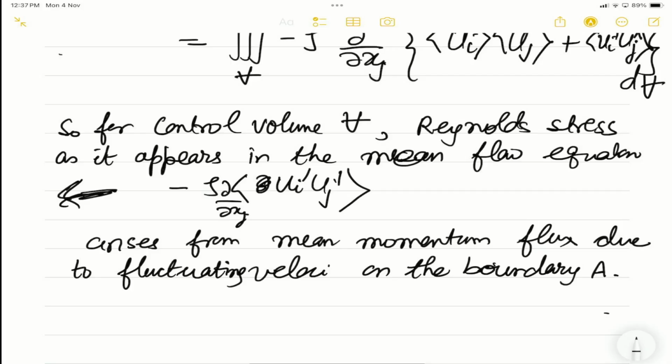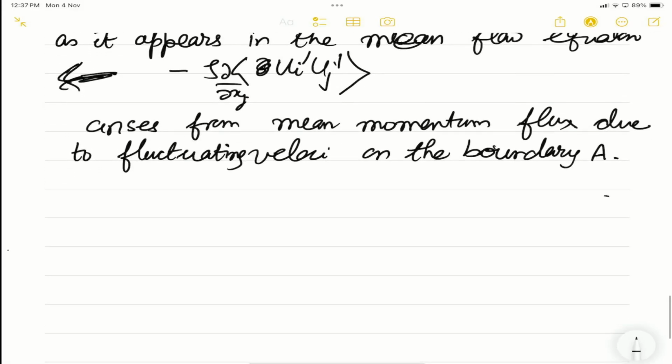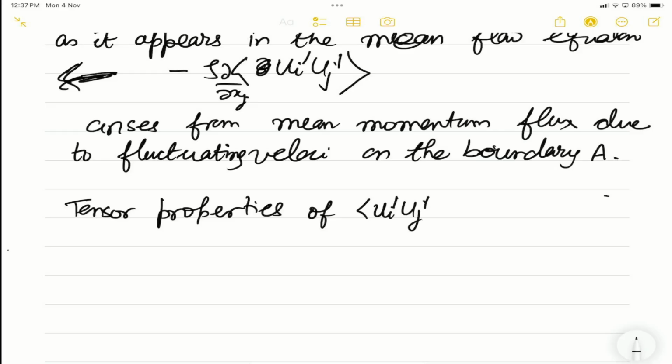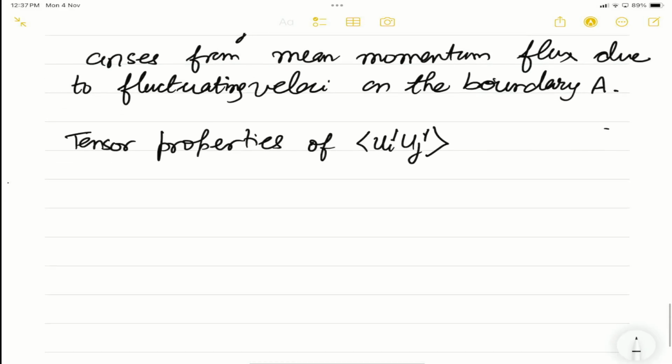Now we have already seen the closure problem. Let us look at the tensor properties of ui prime uj prime. Firstly, we realize ui prime uj prime is a second order tensor.